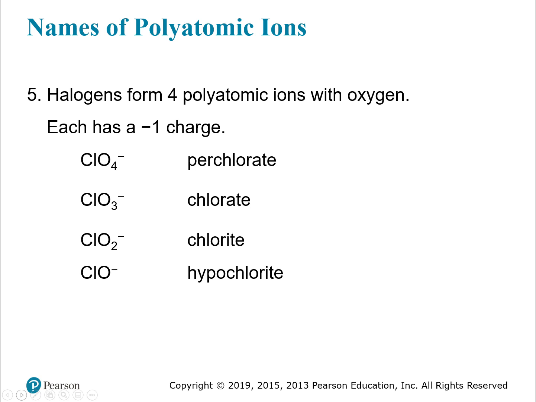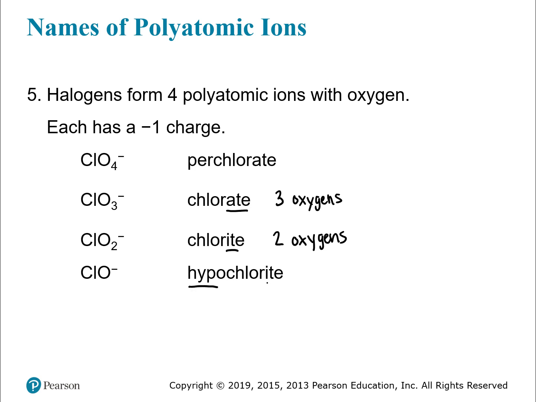Finally, halogens can form a lot of polyatomic ions. And each of them has a charge of -1. So if we start here with chlorate, it's got 3 oxygens. Chlorite has 2 oxygens. So that's something that we already know about, the ATE versus the ITE.